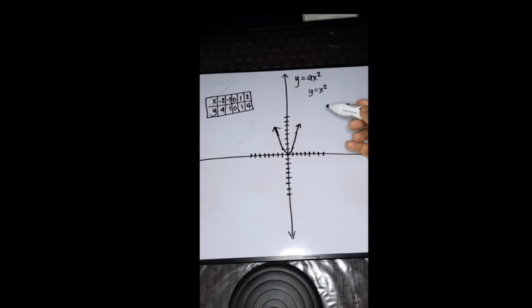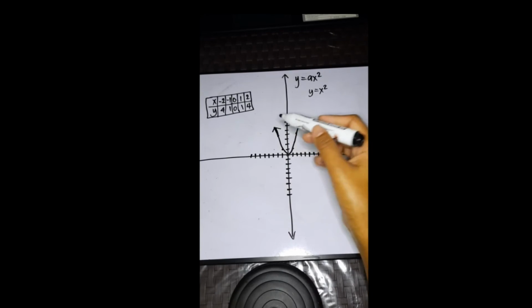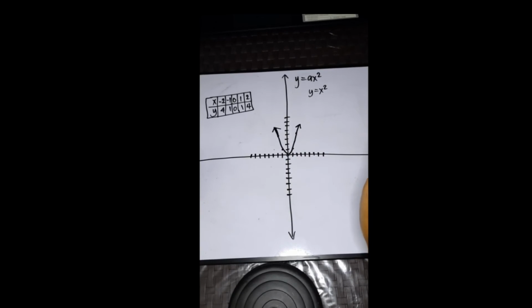Since our a is 1, the graph opens upward. Therefore, the vertex is a minimum point. So tandaan, if the graph opens upward, the point or the vertex is a minimum point, meaning it is the lowest point in the graph of our quadratic function.